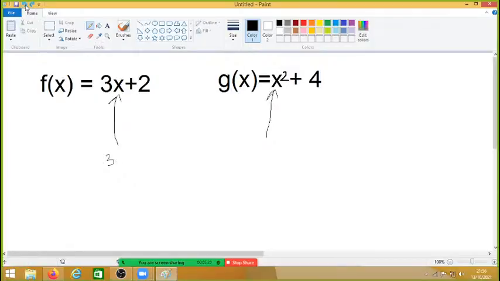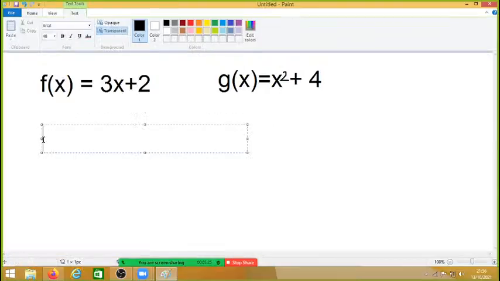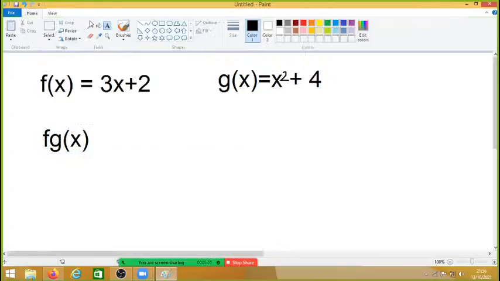So that's what we want to aim to do today. But which expression are we going to be substituting in? Well, it depends on which order the function comes in. So with the f first and then the g, you need to read it backwards like we were doing with the numbers yesterday. So it's taking the function g of x and whatever that expression is, whatever the algebra is, x squared plus 4 in this case, imagine putting brackets around that and putting it into the f function where the x is.